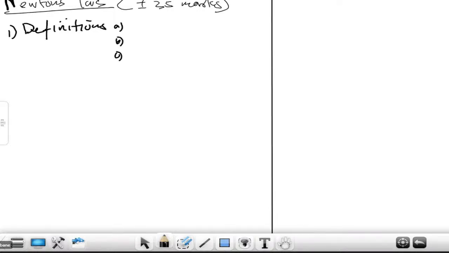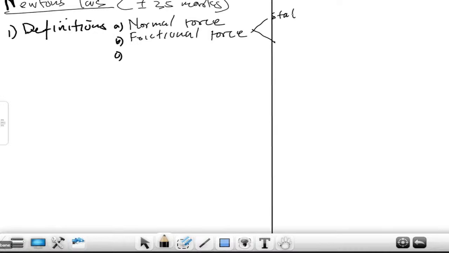The very first one is what is a normal force. The other one will be what is frictional force. And with frictional force, there are two important definitions that one also needs to understand and follow through.